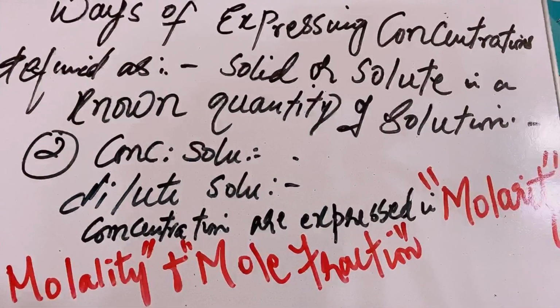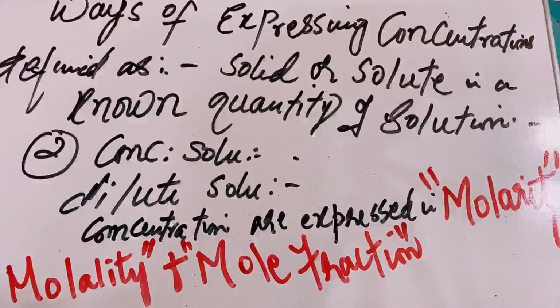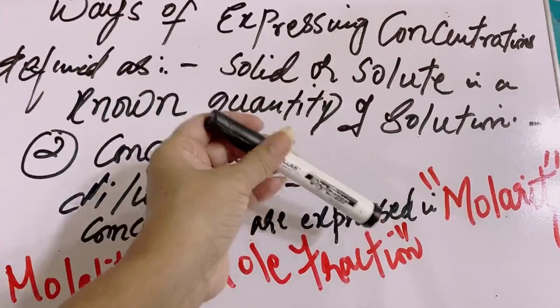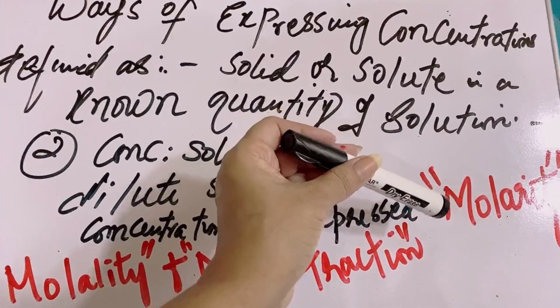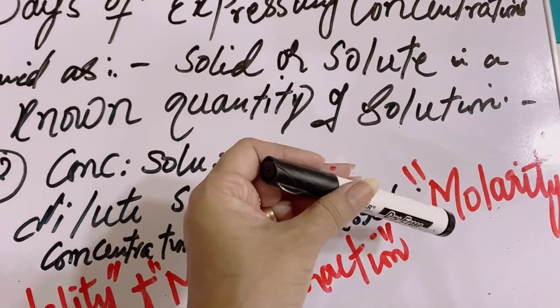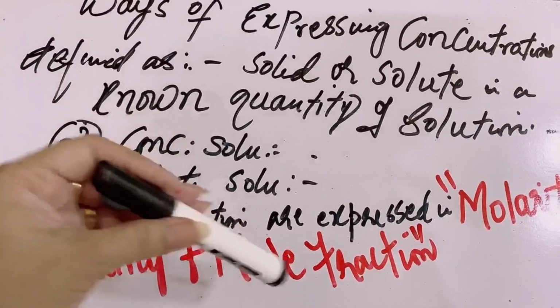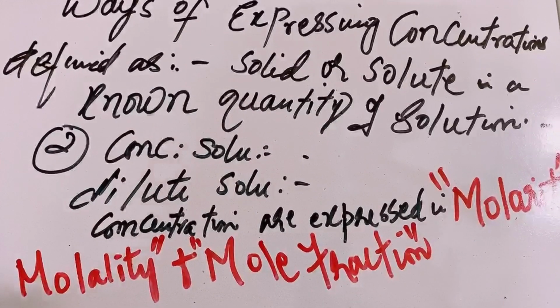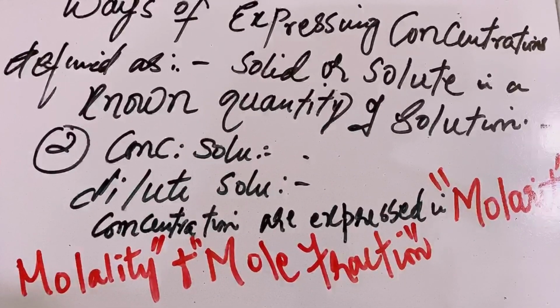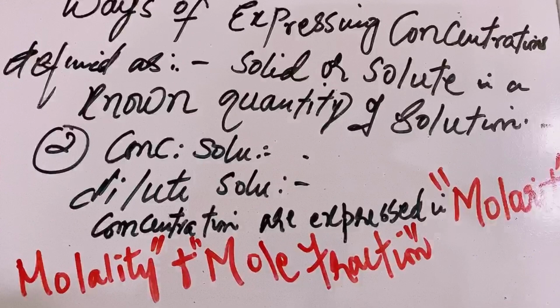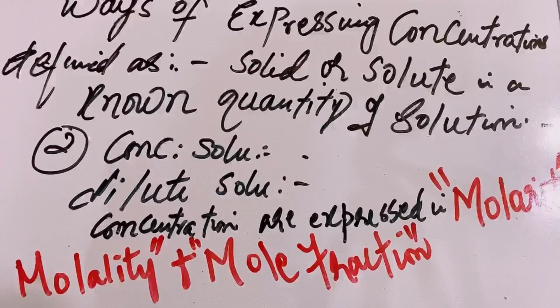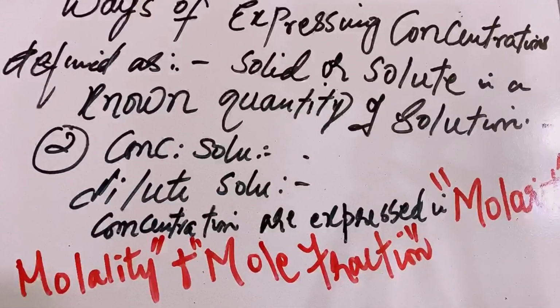According to our statement, the concentrations are simply expressed in molarity, molality and mole fraction. Today I'm going to make you understand only these three. The rest of the concentration units I'm not going to discuss today. Let's discuss these first, because you will face these again and again when you are dealing with calculations related to concentrations.